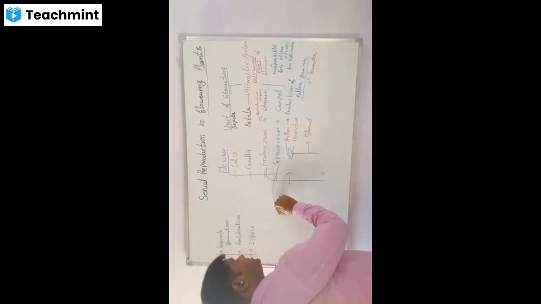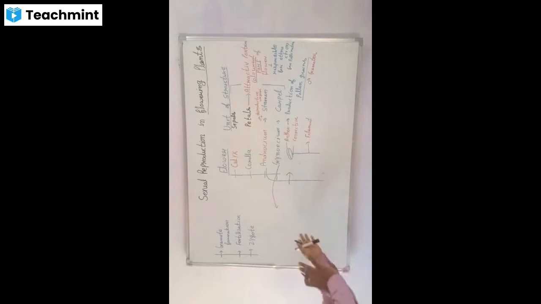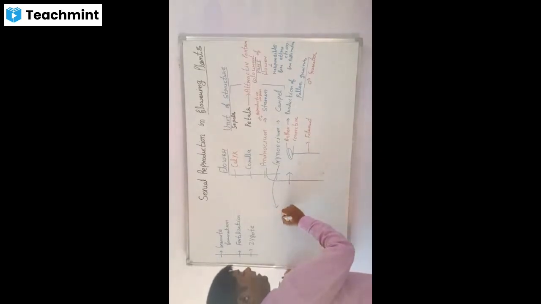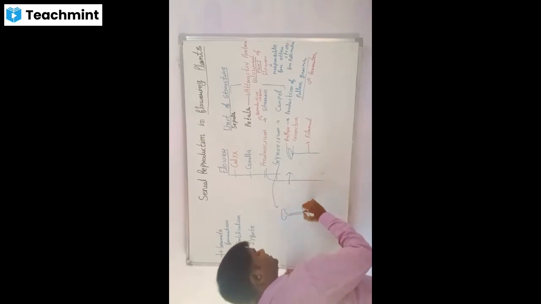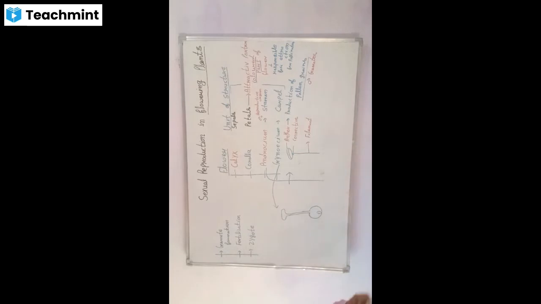Let's take gynoecium here so that we can compare the two structures. In gynoecium, again we have three portions. I already taught you this diagram once. Inside we have the ovule.